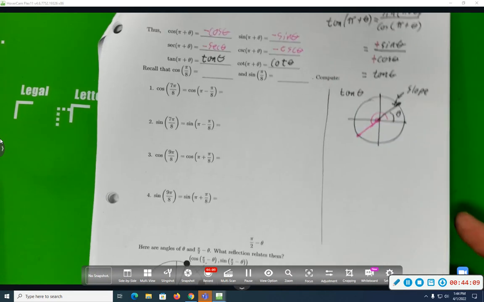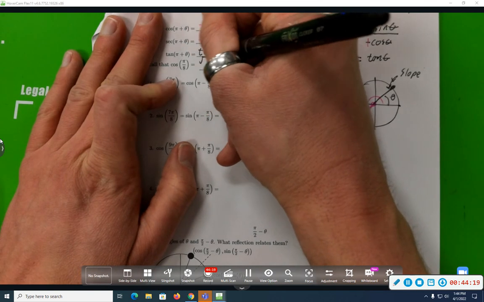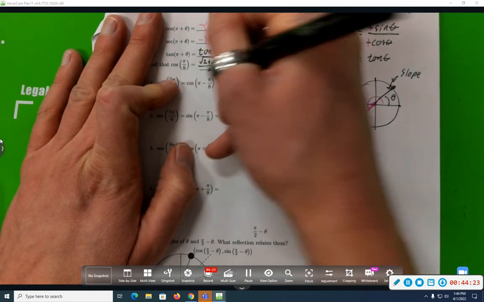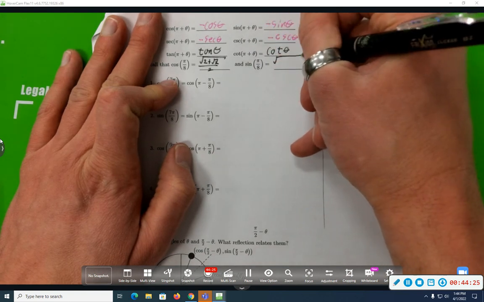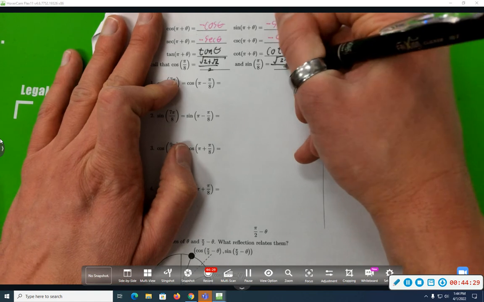So now let's play this pi over 8 game again. Let's use the knowledge about trig functions of pi over 8. So what we wrote earlier, cosine of pi over 8 is the square root of 2 plus root 2 over 2. Sine of pi over 8 is the square root of 2 minus square root 2 all over 2.